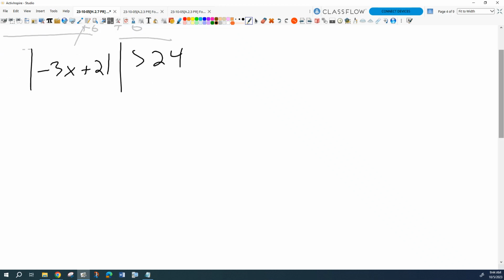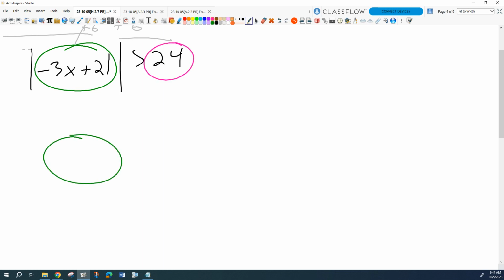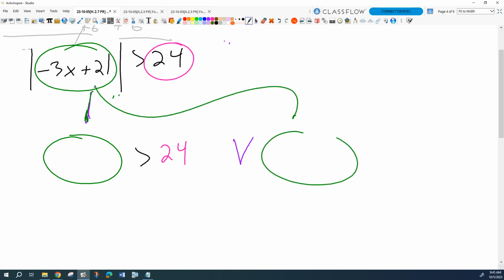So whatever's inside, we're just going to follow this pattern. Whatever's inside the absolute value is either going to be, what's one possibility? What's inside is greater than 24, or what's inside is what?